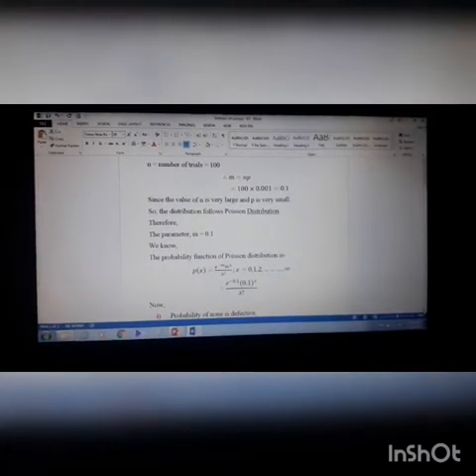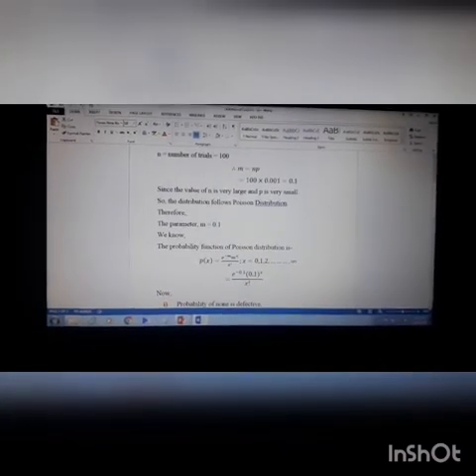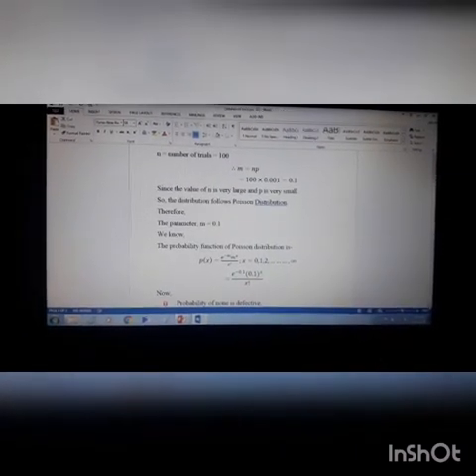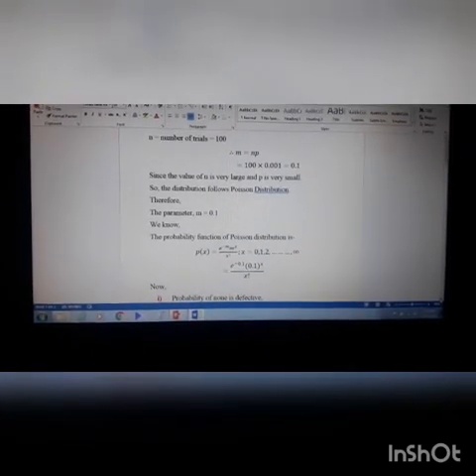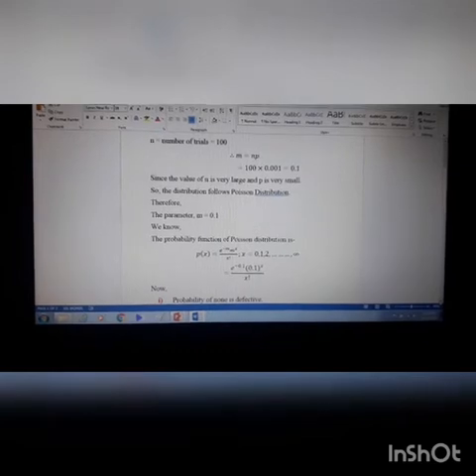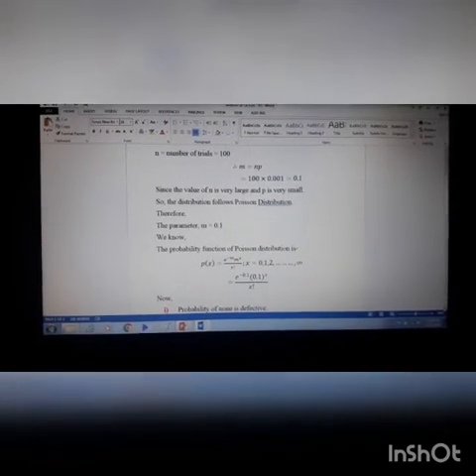That means we have to solve the problem by using the Poisson distribution. We know in the Poisson distribution there is only one parameter, which is denoted by m, and we obtained the value of m, that is m equal to 0.1. Now the probability function of the Poisson distribution is p of x equal to e to the power minus m, m to the power x, divided by x factorial, where x equals 0, 1, up to infinity.